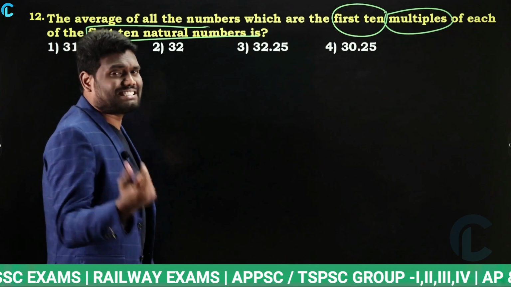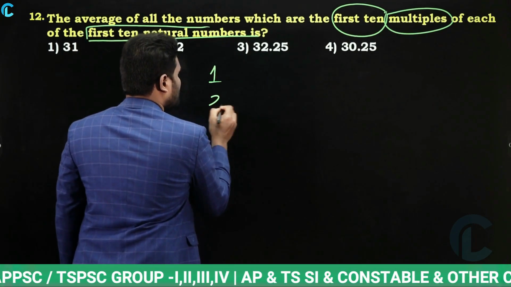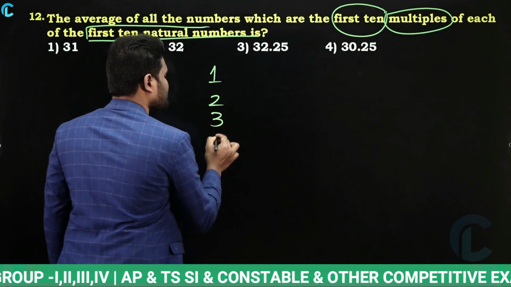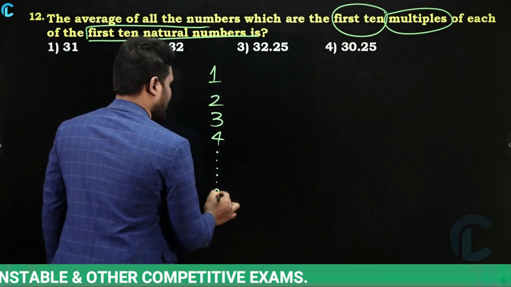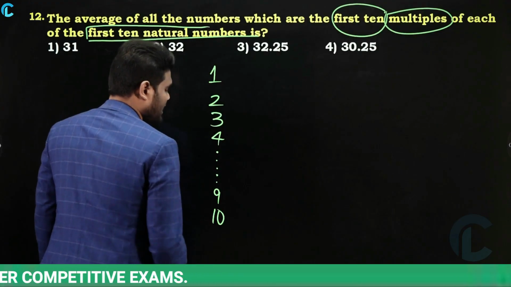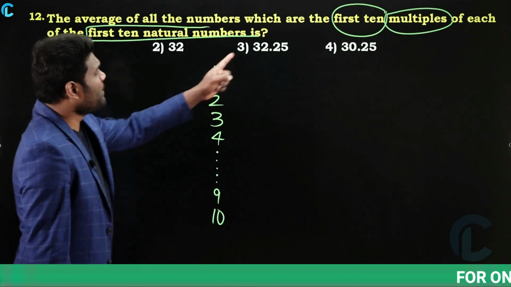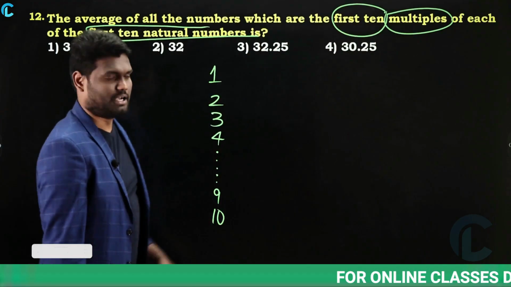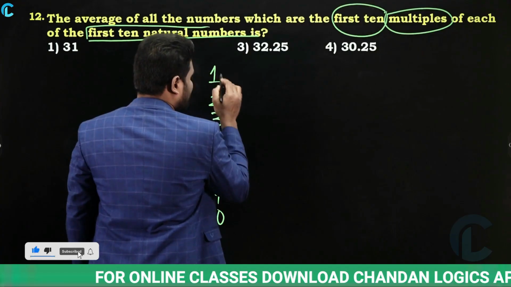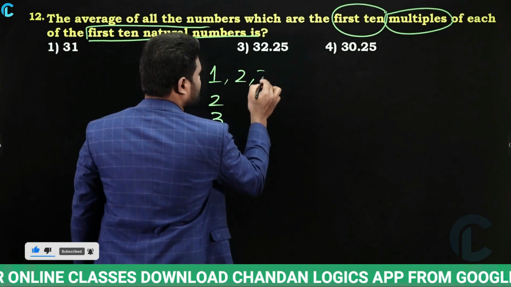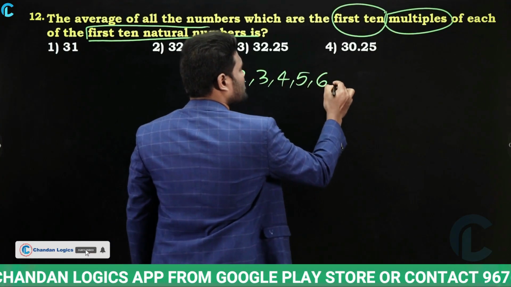You know what the first 10 natural numbers are? First 10 natural numbers means 1, 2, 3, 4, and so on, 9, 10. Yes or no? These are the first 10 natural numbers. For this, you need to take multiples, first 10 multiples. Look here, what are multiples of 1? Multiples of 1 are nothing but 1, 2, 3, 4, 5, 6, and so on.